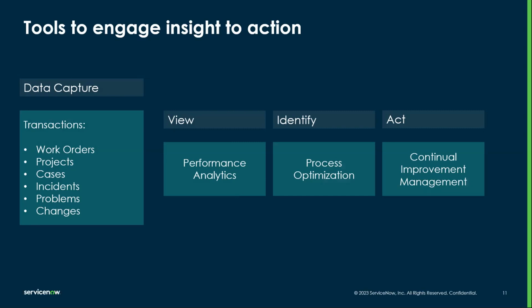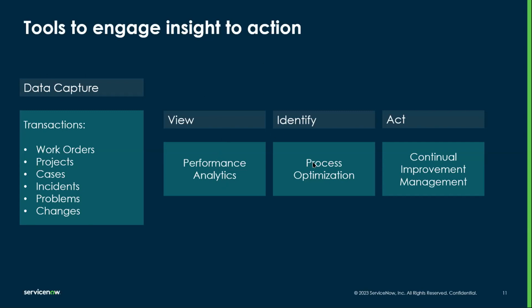So for our organization, of course, in field service, we're focused on work order management. We may want to look at our projects, our cases, our incidents, problems, changes, the transaction type data, because that's where you're going to have those audit logs of that data. And from there, traditionally, we'd look at our performance analytics. We can view some of that data.